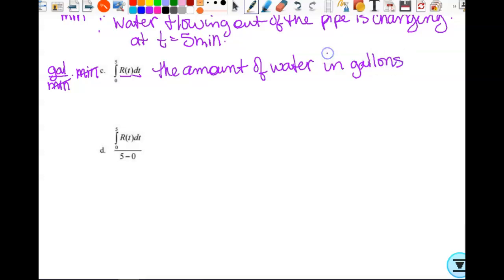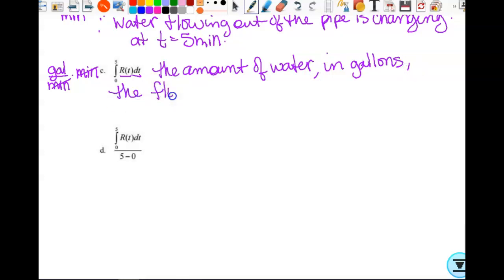The amount of water that's left in the pipe, or what? What is the amount of water? What's happening with this water? It's leaking out. So is this the amount of water that's left, or the amount of water that was there, or the amount of water that left? Okay. So the amount of water in gallons that flowed out, I'll say it like that.